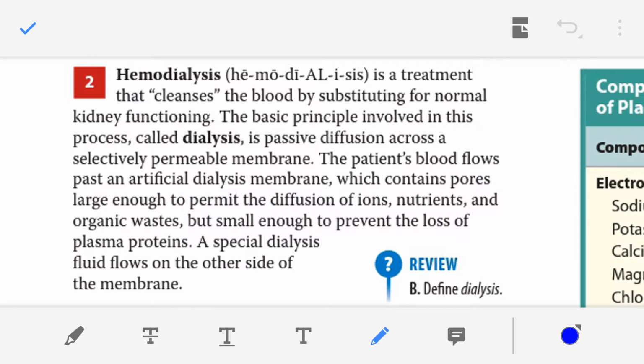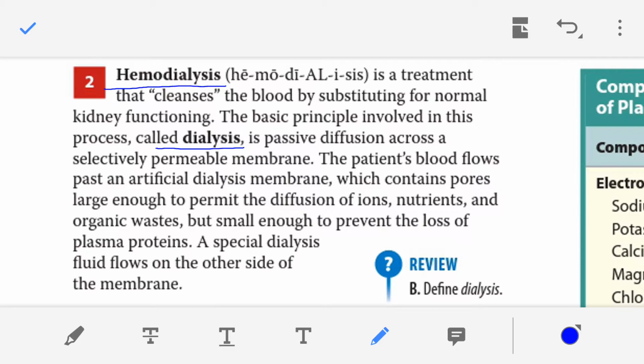So when the kidneys have failed, this treatment is performed on the patient. The basic principle involved in this process of hemodialysis is known as the dialysis principle.